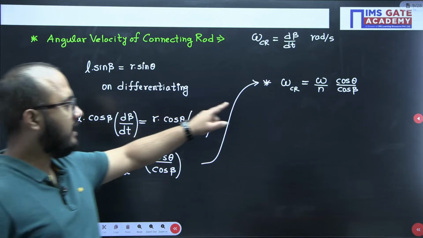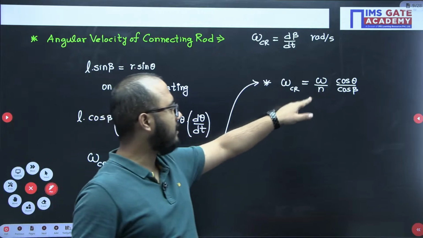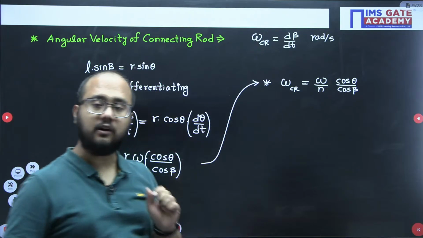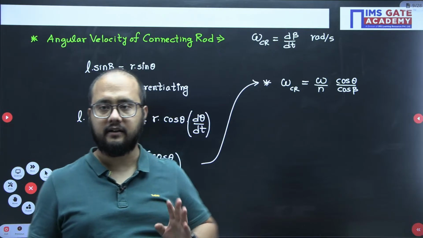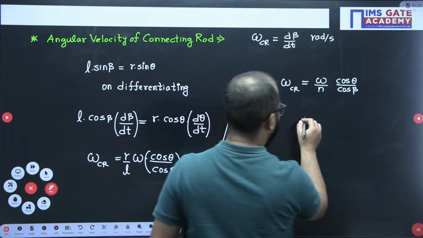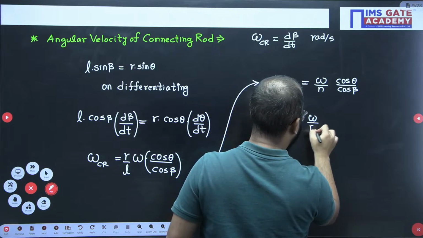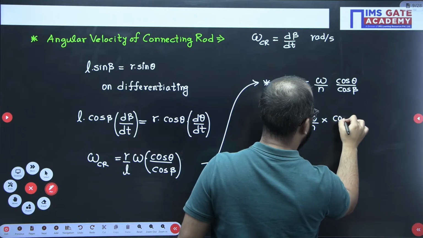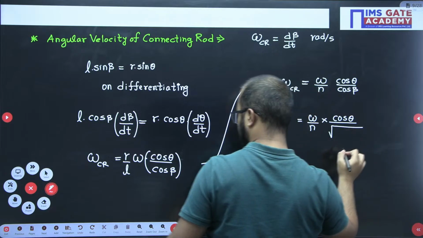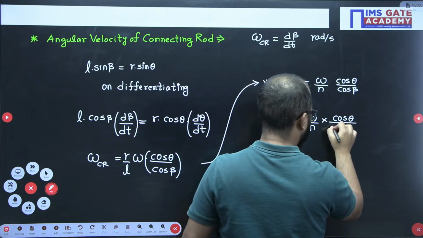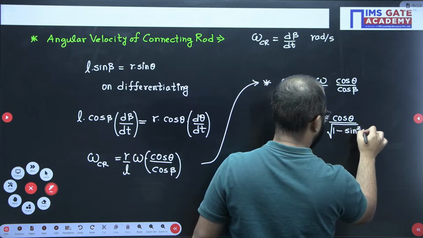So omega, that is angular velocity of crank here, divided by n into cos theta divided by cos beta. Now cos beta I can replace because I want the answer in terms of theta, let's suppose. So I will replace cos beta. How I will replace? See, this is cos theta. Cos beta will be replaced by under root 1 minus sin square beta, like this.